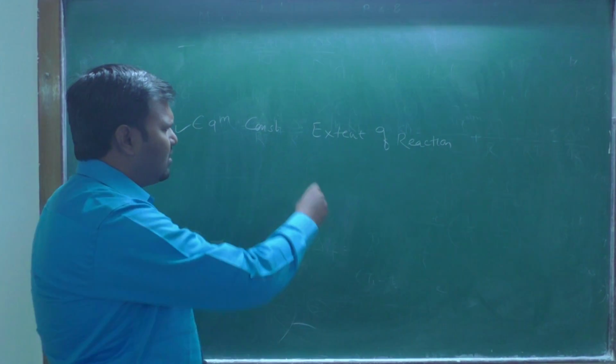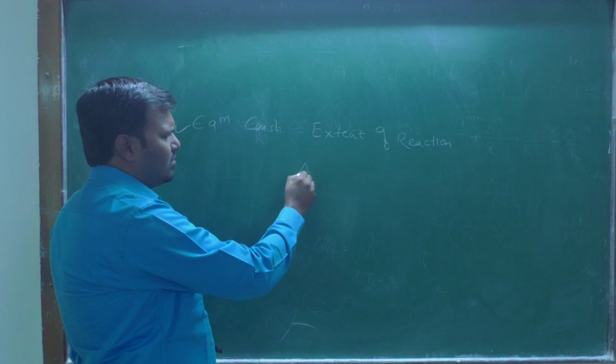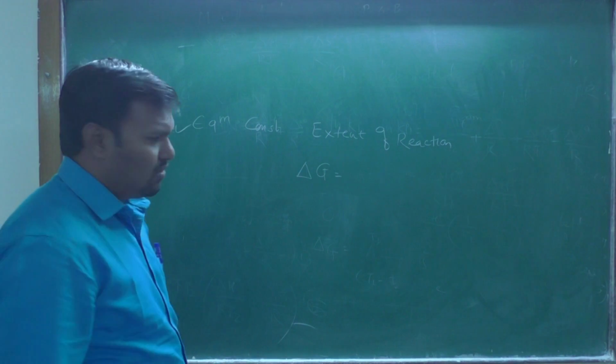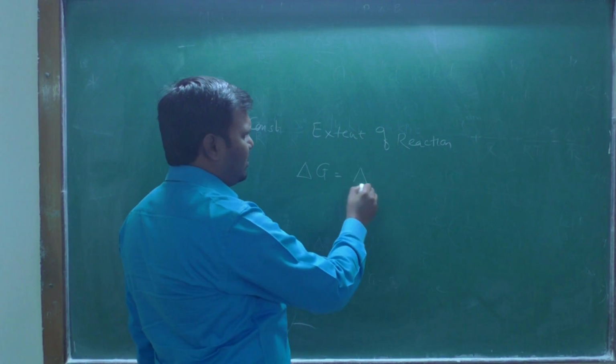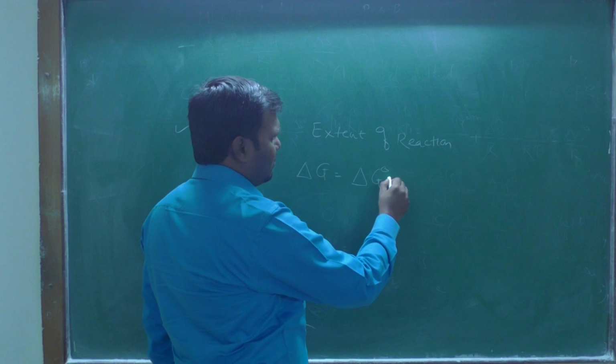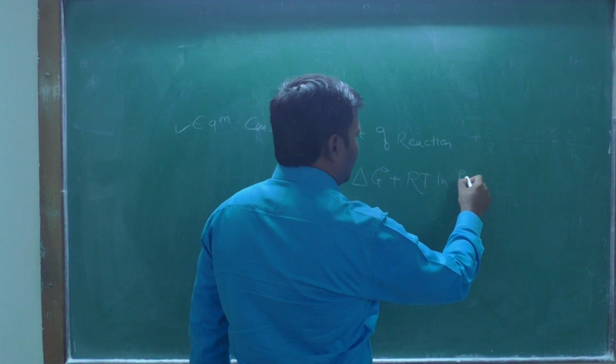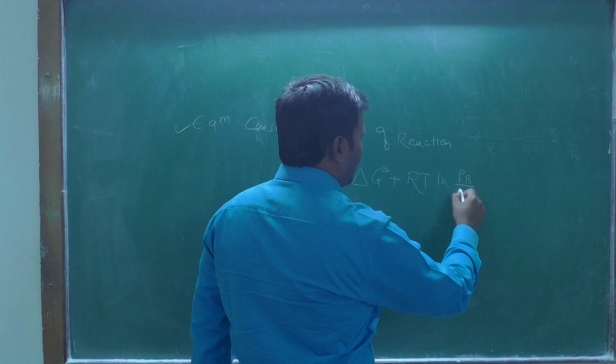This prediction we can do by using the delta G equation. We know that delta G is equal to delta G naught plus RT ln PB upon PA.